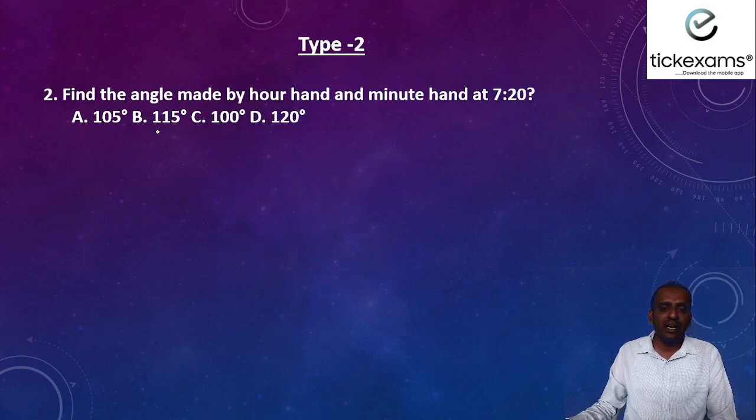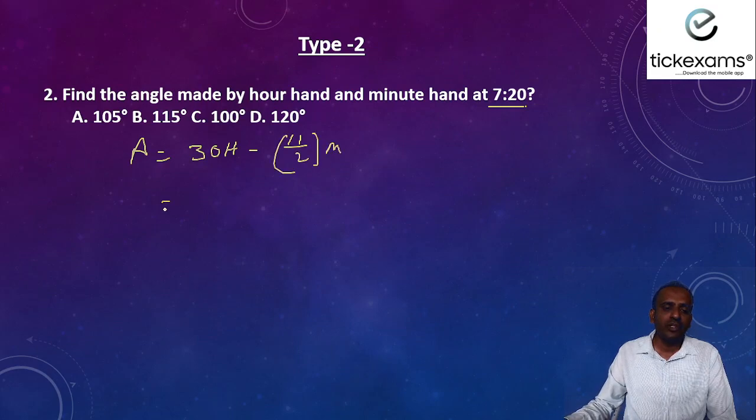Find the angle made by hour hand and minute hand at 7:20. Since 7 o'clock is in the second half, I will use the formula like this: A is equal to 30 h minus 11 by 2 m.